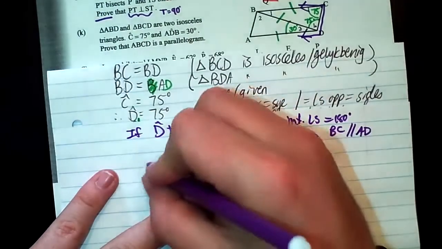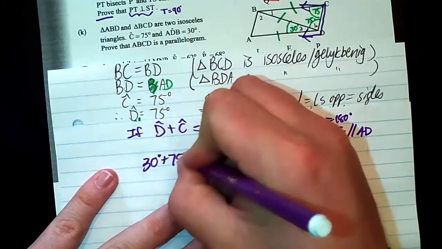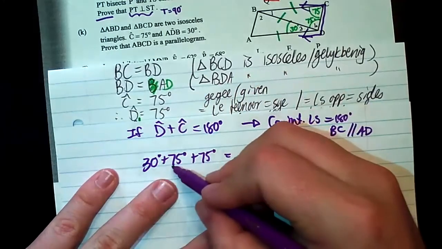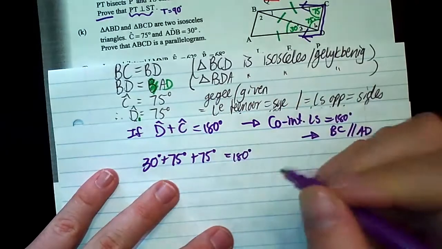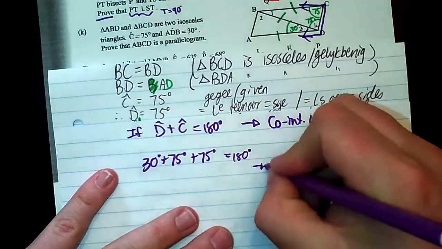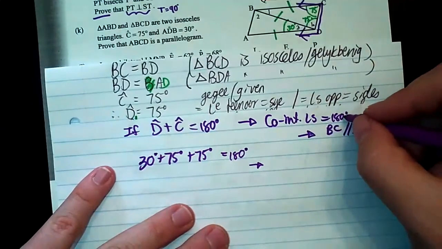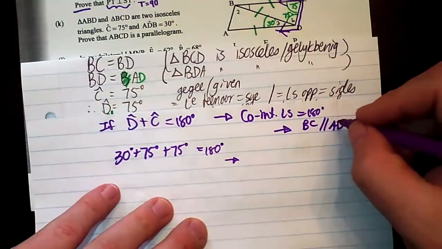Angle D comprises of 30 degrees plus 75 degrees plus 75 degrees. If we add it up, 150 plus 30 is 180 degrees. Therefore, co-interior angles are equal to 180 degrees, and that's only true if they lie between parallel lines.